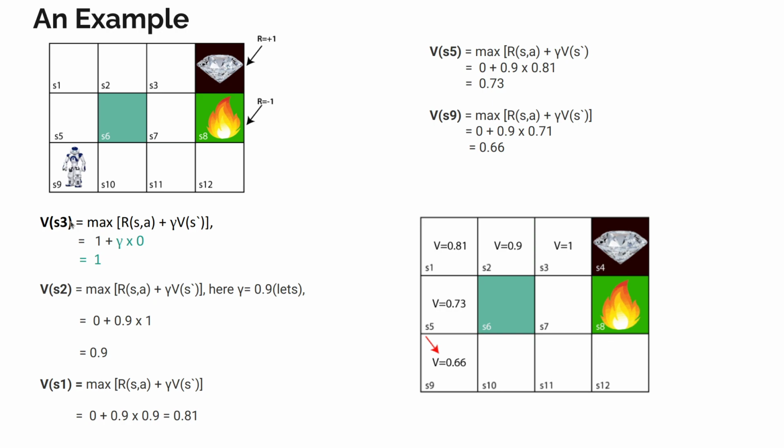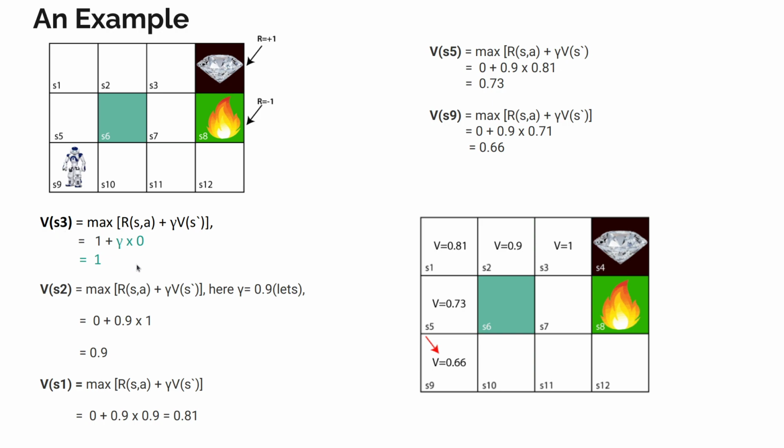But why is V of S dash 0? Because you already reached the goal state. So here R of S, A from S3 is 1 because you are going to the goal state, and the value of S dash, meaning the goal, is already defined as 0, so it is gamma times 0, and the value is 1.